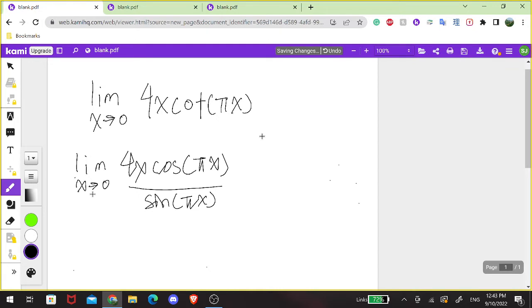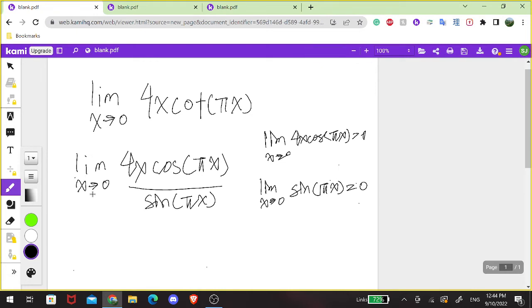Now let's prove it using L'Hopital's principle. So we say that the limit as x approaches 0 of the top, 4x cosine pi x, is equal to 0. Then the bottom, the limit as x approaches 0 of sine pi x, is equal to 0.